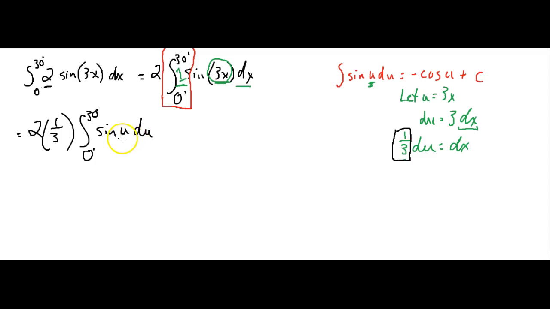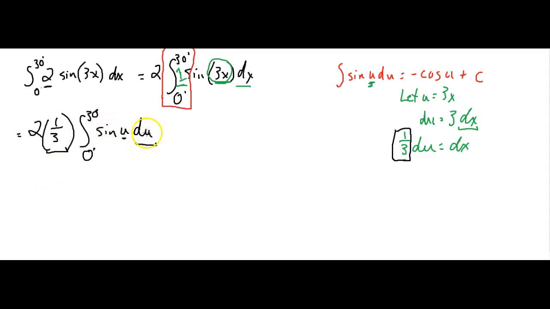Let's have a look at that. If u is 3x, so far it says sine 3x, dx is equal to 1/3 du. So there's my 1/3 and there's my du. So those two together make up dx. So that's why these are equal.